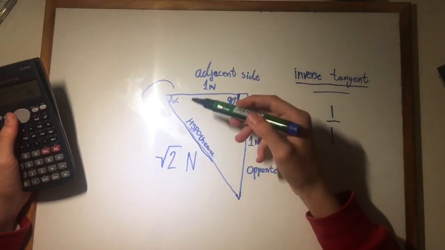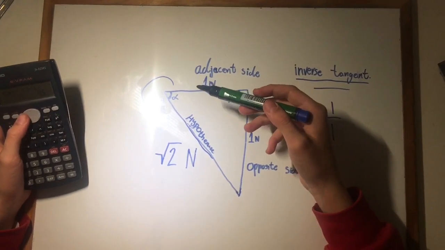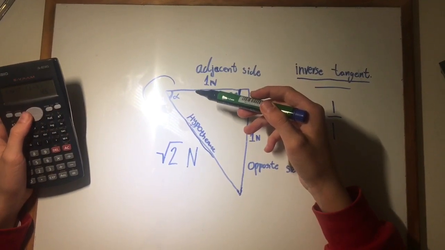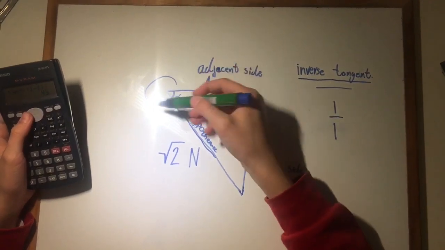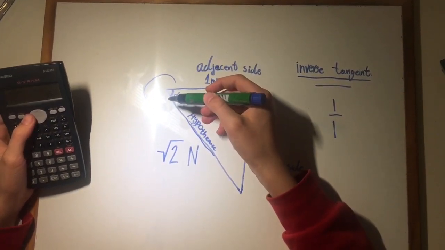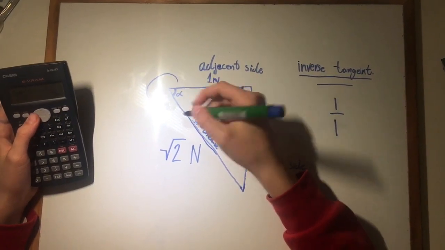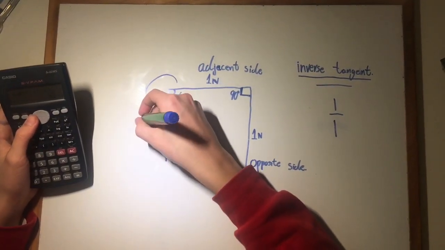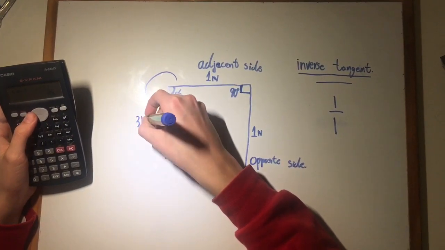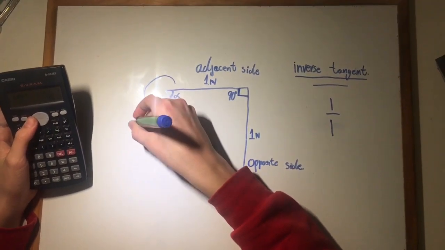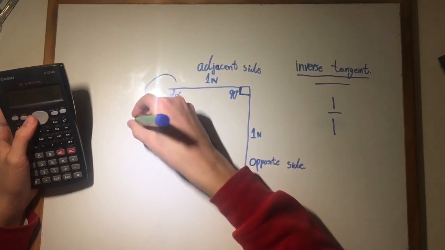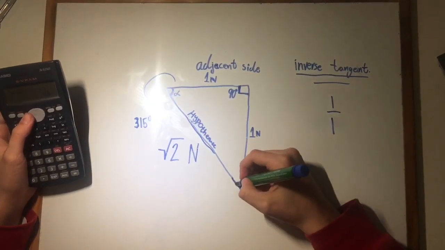But we said that we would only look at the positive horizontal line. So then we would go around. So it's 360 degrees minus 45, so it's 315 degrees is the angle and the direction of this force.